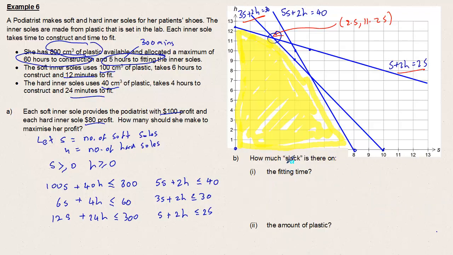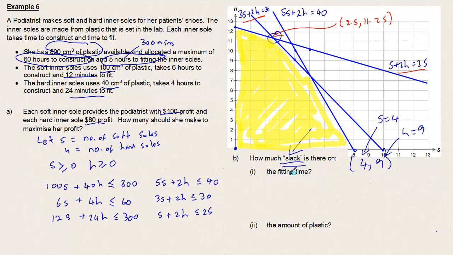We now have a new concept, the concept of slack. Slack is all to do with the amount of one of our resources that isn't being used at the optimum point. And remember, we've just found that our optimum point was 4, 9, and that corresponds to S being 4 and H being 9.